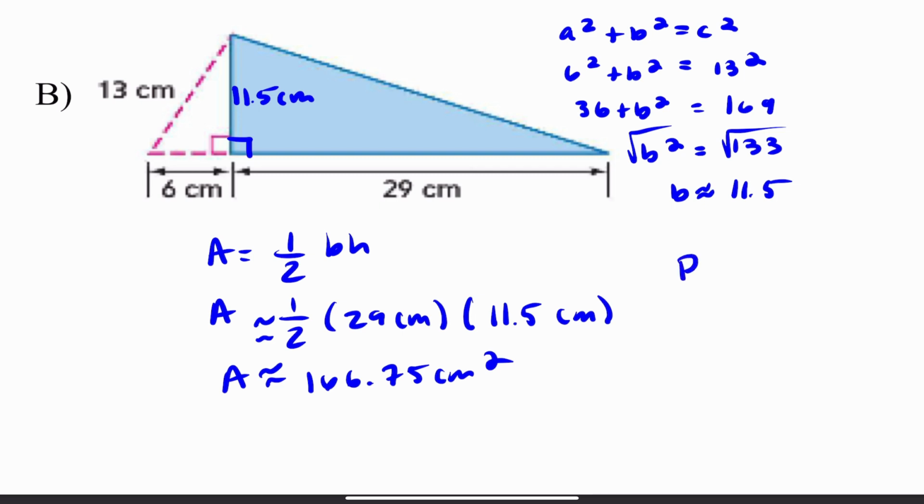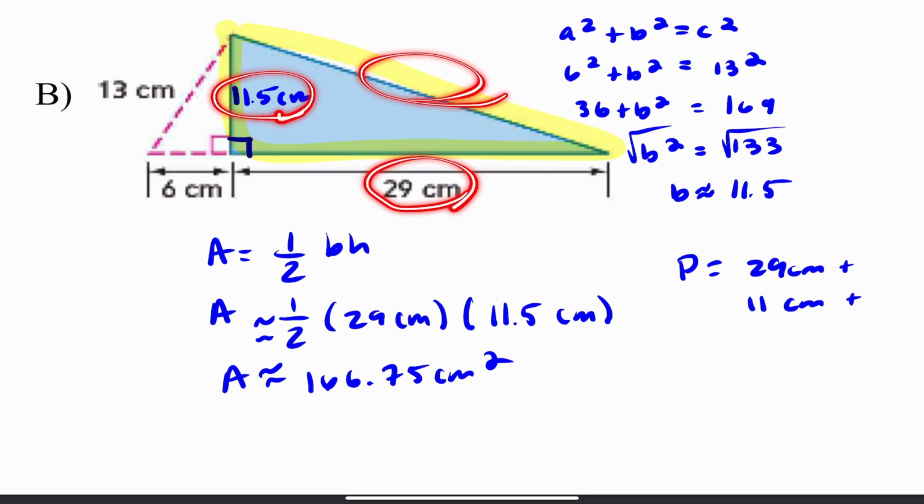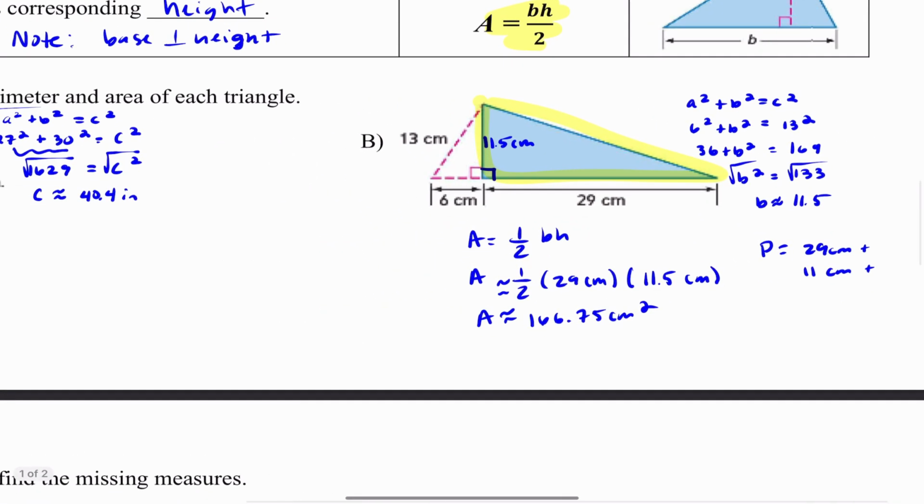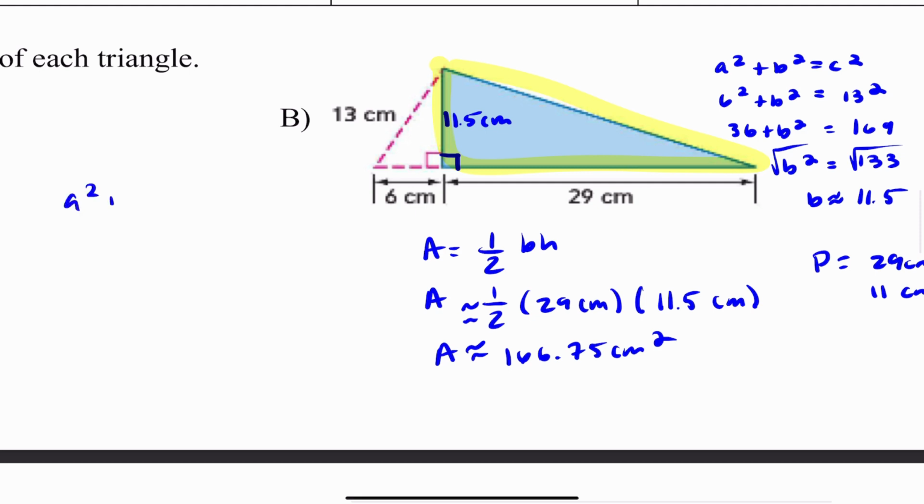What's the perimeter? So the perimeter is 29 centimeters plus 11 centimeters plus this side here. And note that we have a right triangle. This is going to be my A, B, that's my C. Let's write, I'm going to put it over here. A squared plus B squared equals C squared.